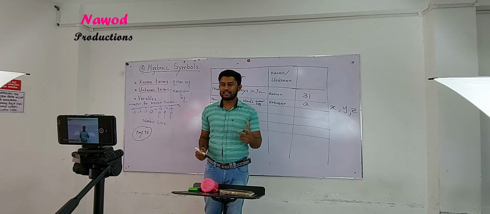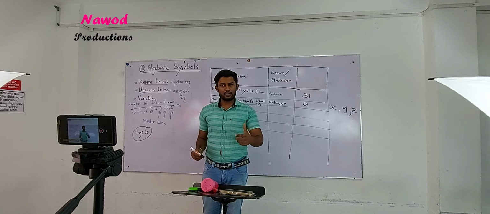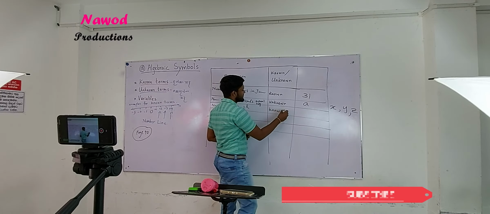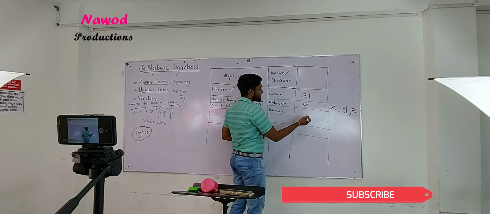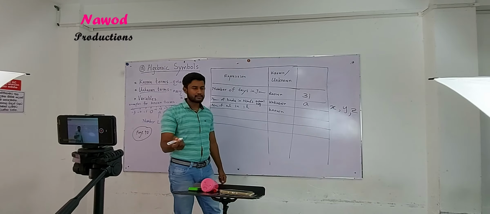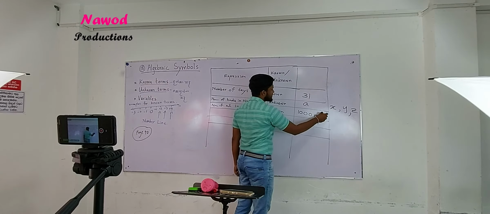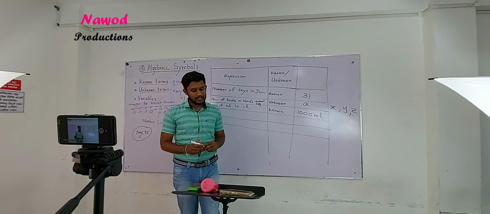Known term. Yes, known term. What is the value? 1000. 1000 milliliters.